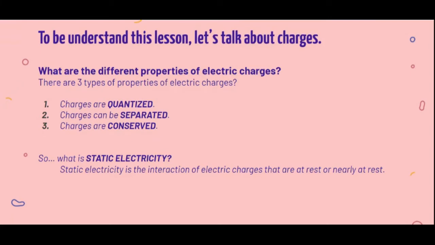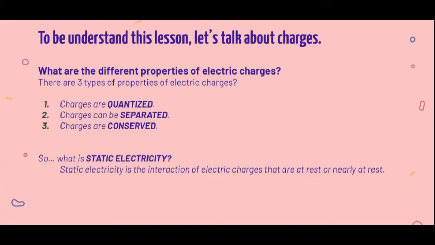By means of quantization, we can say that charges can be counted individually. We can identify the integer number of electric charges present in the system. It's quantized.